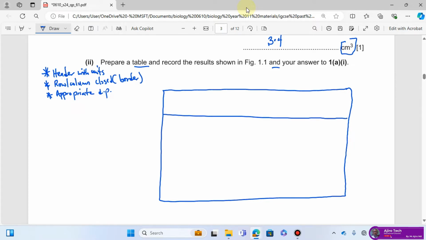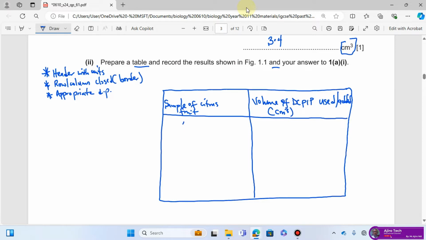So you have the sample of citrus fruit, and then you have volume of DCPIP used or added, and you put the unit in cm cube.